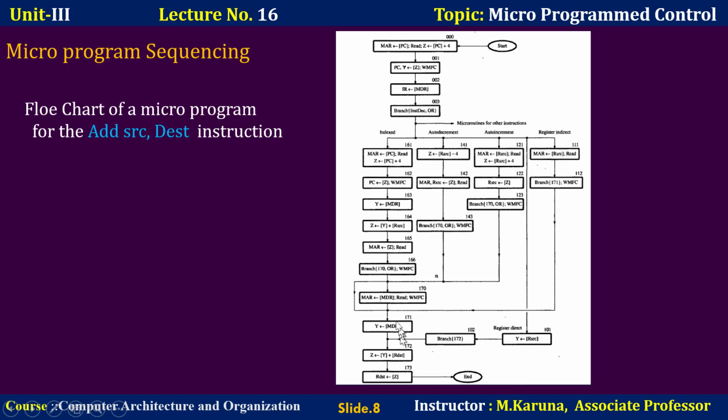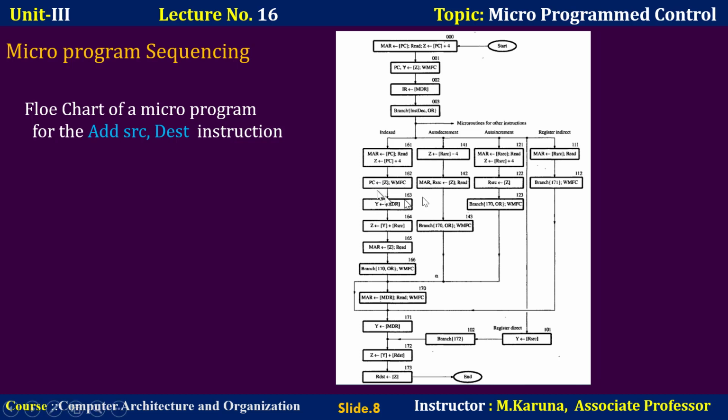These three steps are common to these three modes: indexed mode, auto increment, auto decrement. 172 and 173 are common for all five modes of operation.